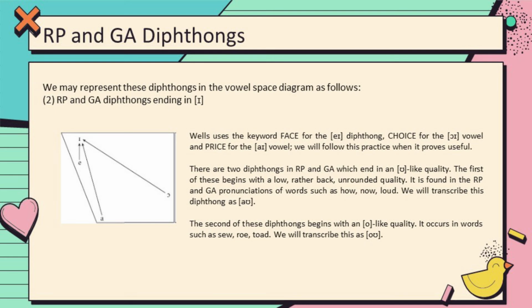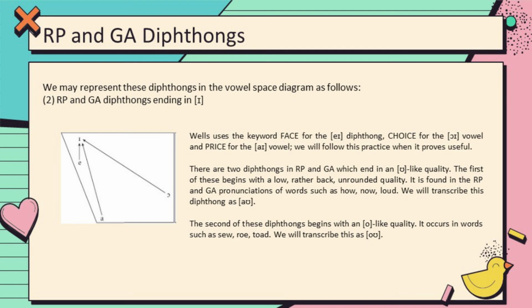There are two diphthongs in RP and GA which end in a ʊ-like quality. The first of these begins with a low, rather vague and unrounded quality. It's found in the RP and GA pronunciation of words such as how, now, loud. We will transcribe this diphthong as aʊ. The second of these diphthongs begins with an o-like quality.